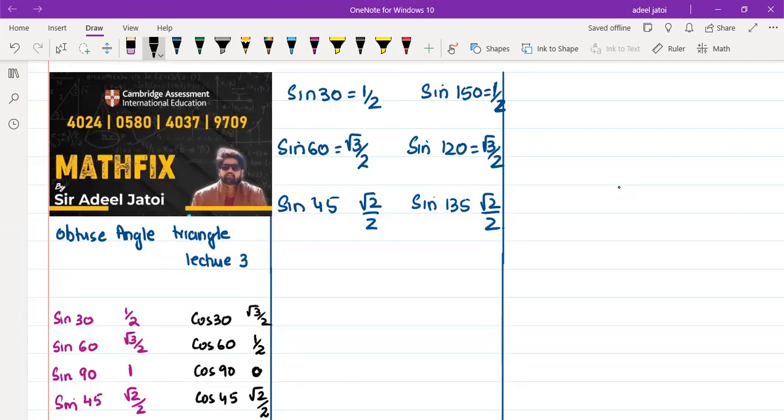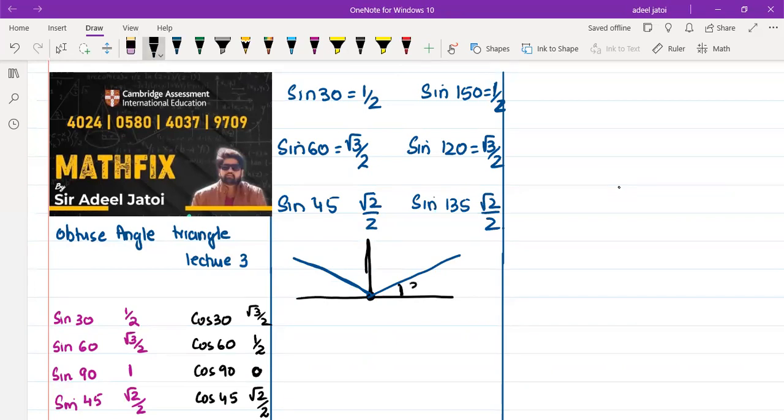Which means that if your angle is based upon the obtuse angle, which means if I have two quadrants of 90 degree, one is 90 degree on the right hand side, the other is 90 degree on the left hand side. And we create basic angle.